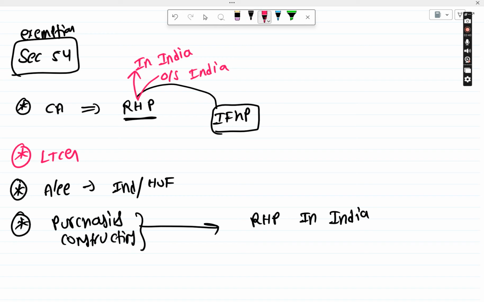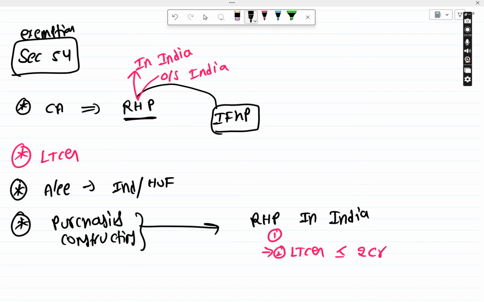And remember this, whatever the residential house property you are constructing again, the LTCG should be less than or equal to 2 crores if it is two residential house properties. If it is one residential house property, it may be more than 2 crores.